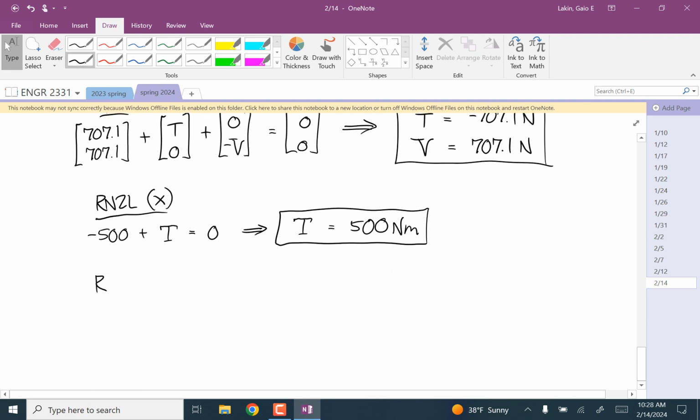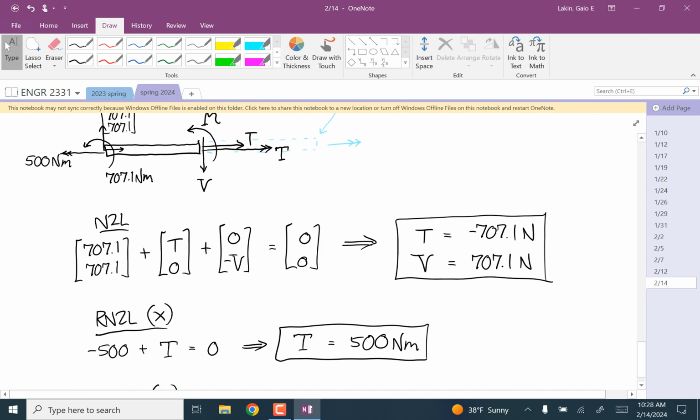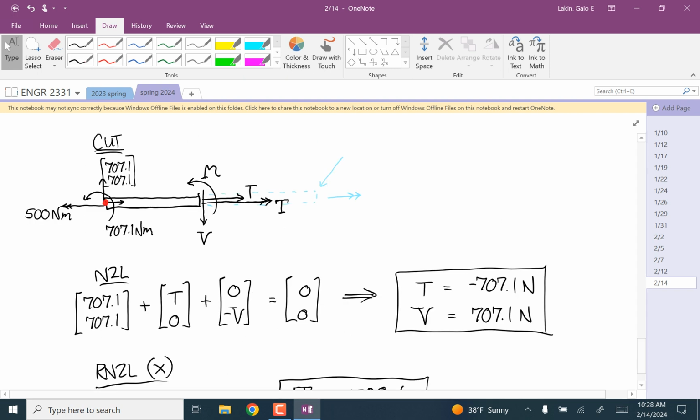And then we'll do the z equation. Again, our about point is going to be here at the left. Just always do that the same. It'll keep you from making dumb mistakes. And so the force vector at the left end is at the about point, so that's not going to produce a moment.